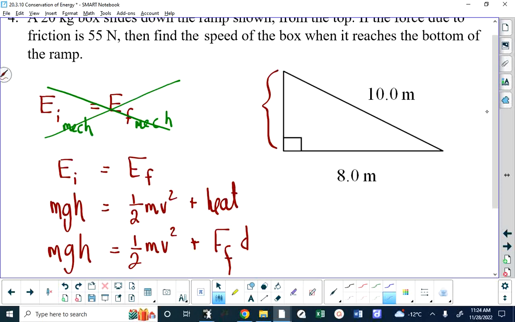I believe it's going to be 6. It's just the Pythagorean theorem, right? 10 squared equals 8 squared plus the height squared. So I get 6 meters here.